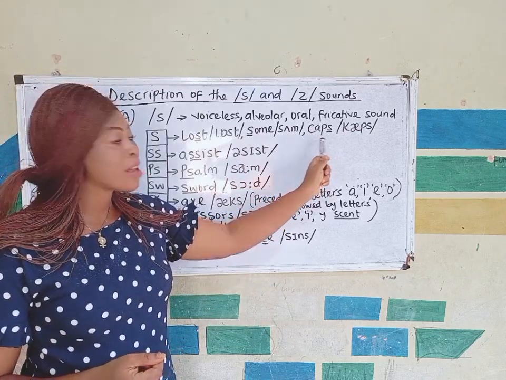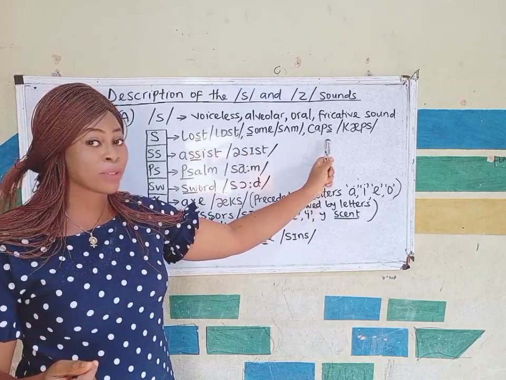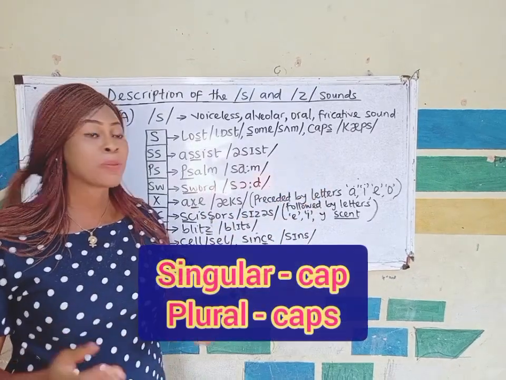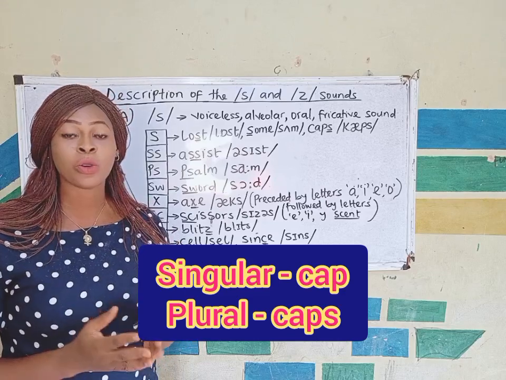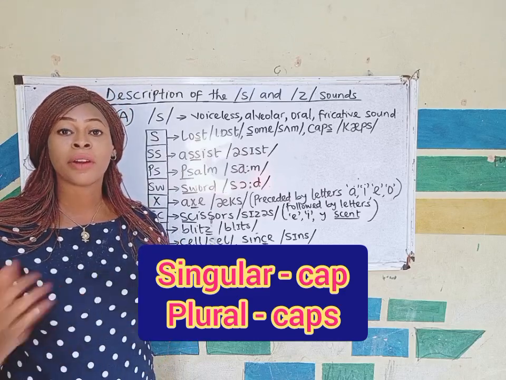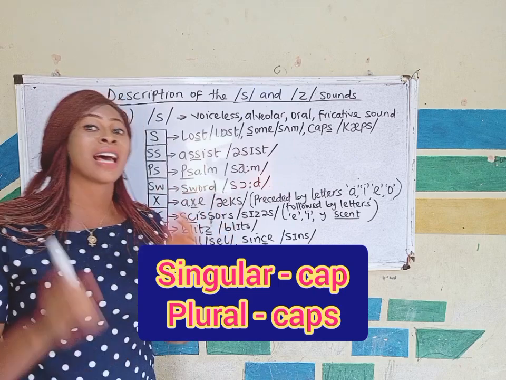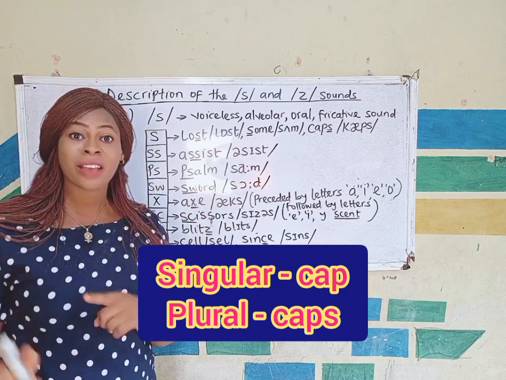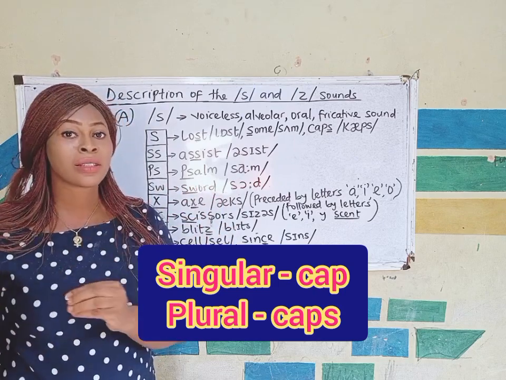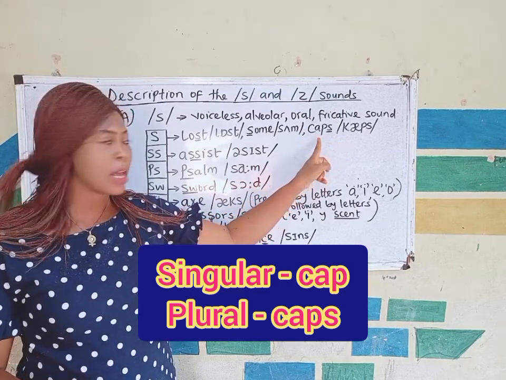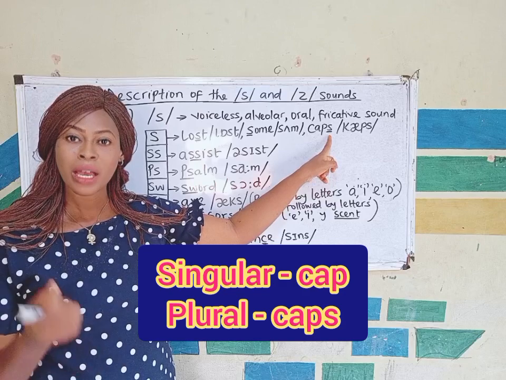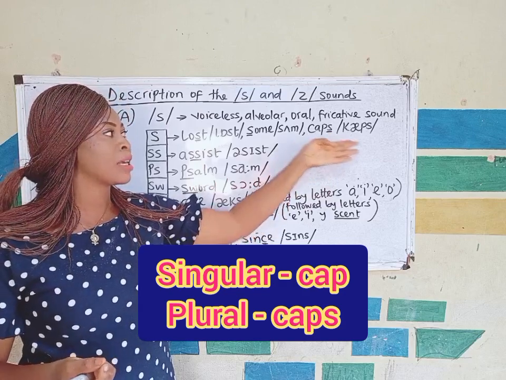The word cups is a plural form of cup. When you are articulating words with a voiceless consonant at the end followed by the letter S, it sounds S. The letter P is a voiceless sound, and so it takes the sound S. So we have it in cups.